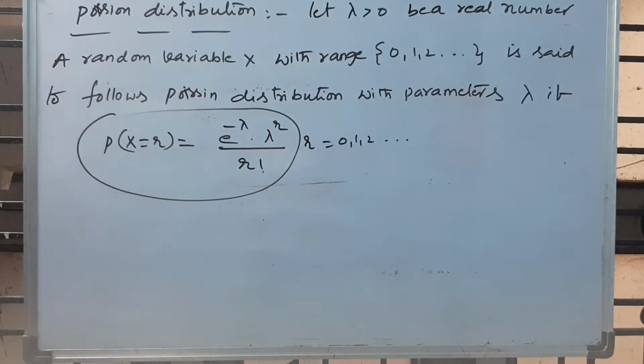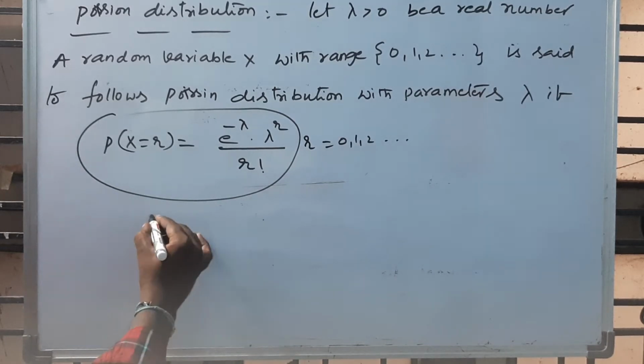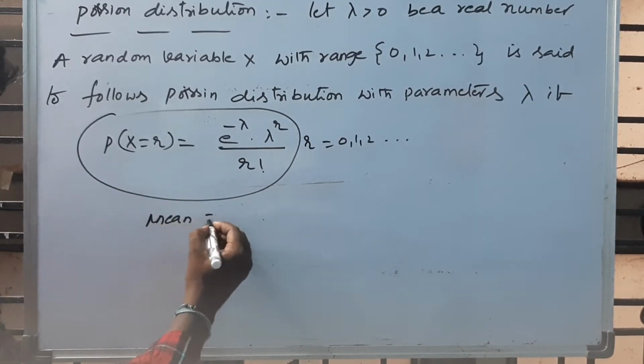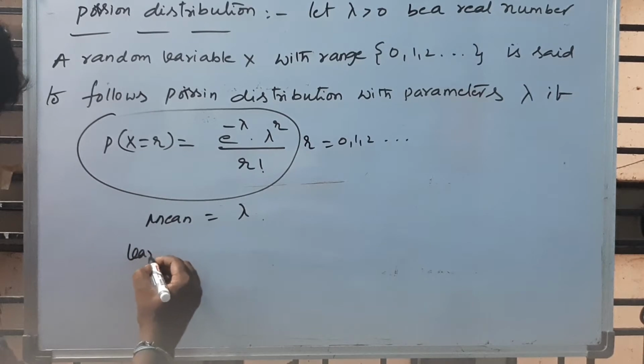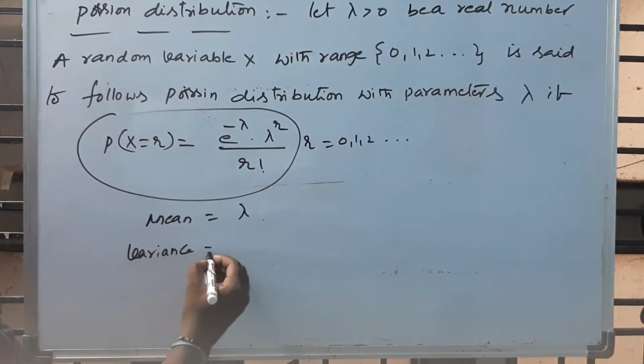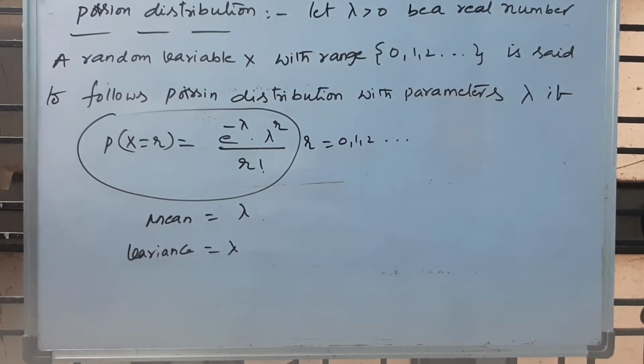Here the mean is equal to lambda, and the variance is also lambda. Okay, these are all the topics in random variables and probability distributions.